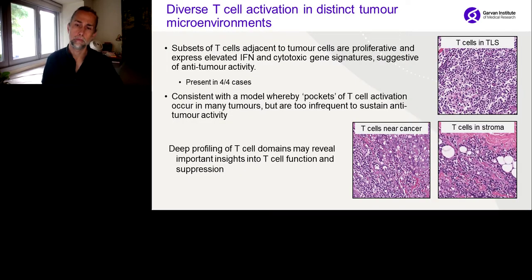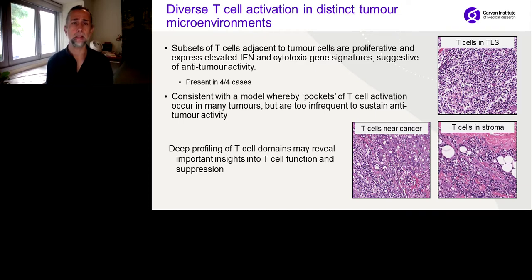So stepping back now, what this really suggests to us is that subsets of T cells adjacent to tumor cells are proliferative and have all the signs that we might expect of activated T cells: elevated interferon signatures, proliferative signatures, cytotoxic signatures. And what's interesting is that we find these in every case.